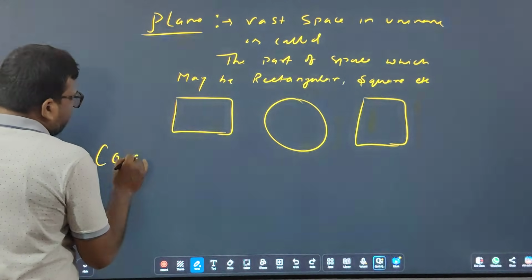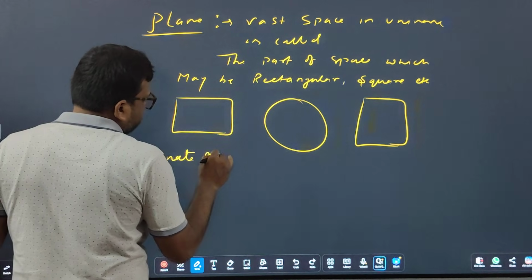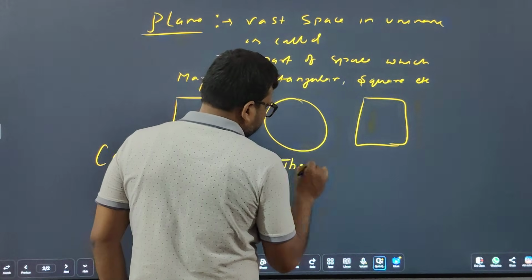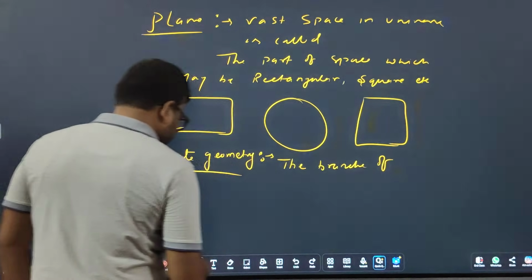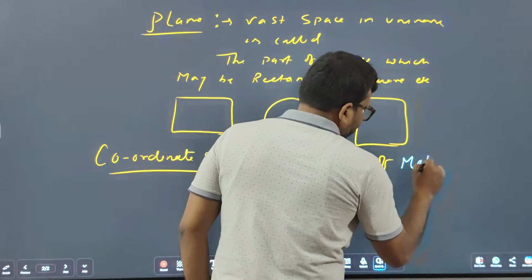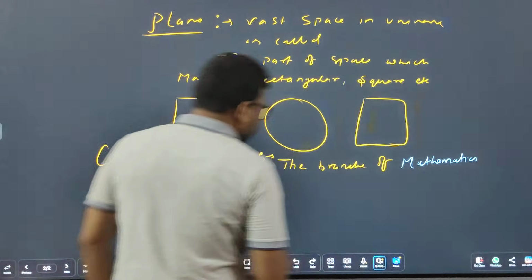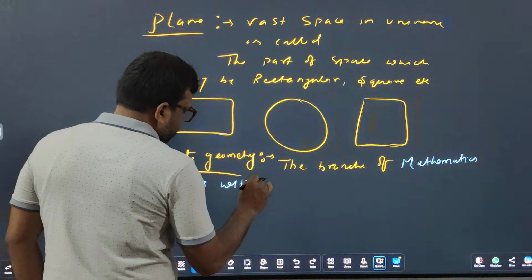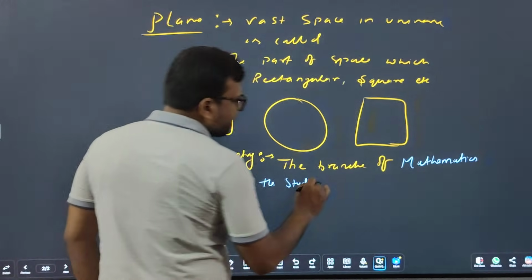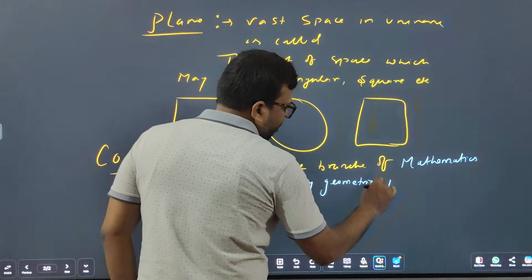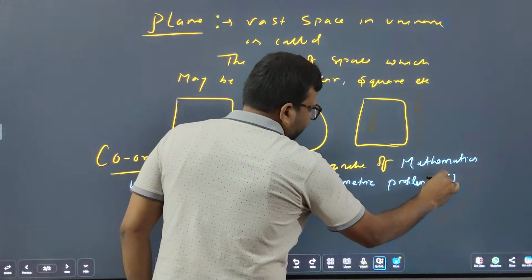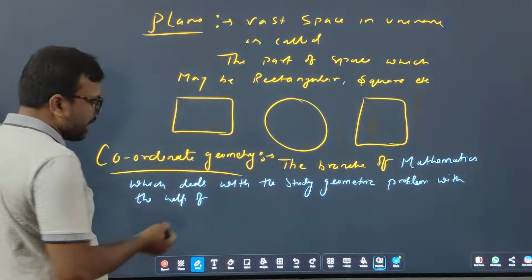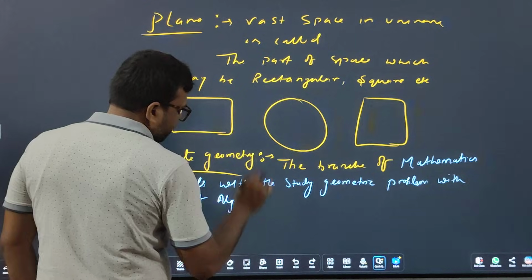Now, what is coordinate geometry? The branch of mathematics which deals with the study of geometric problems with the help of algebra.